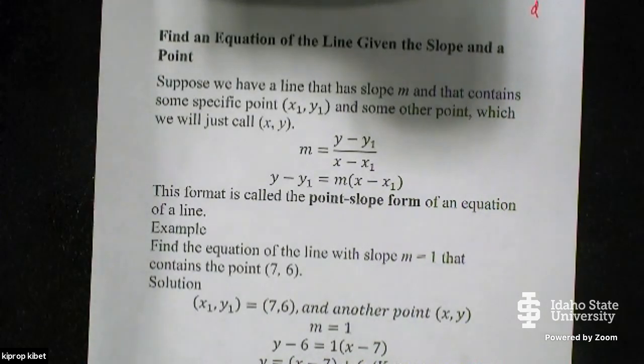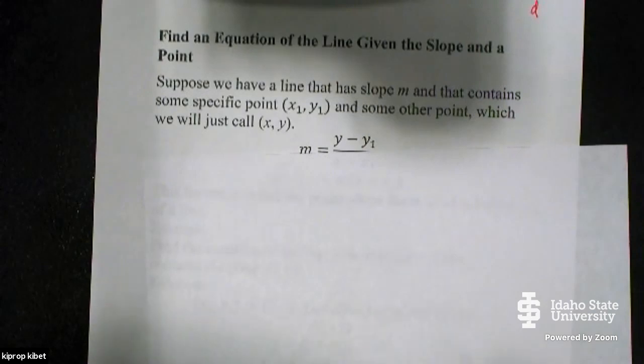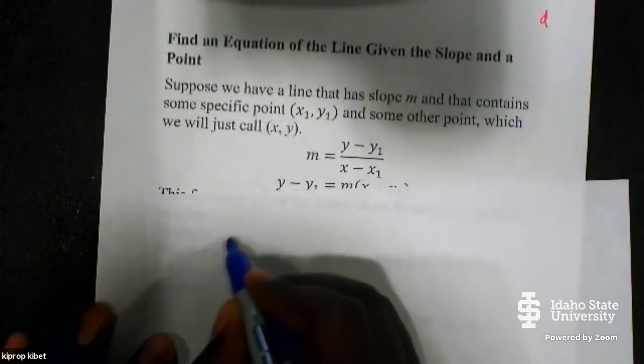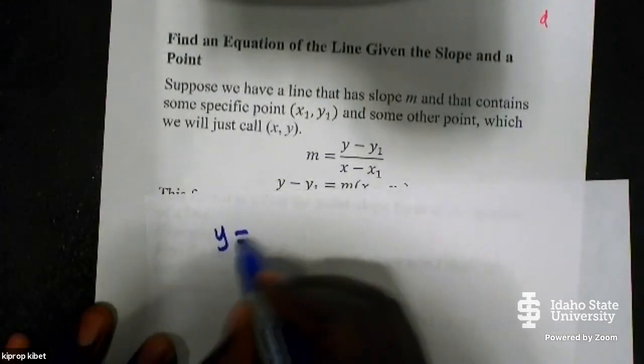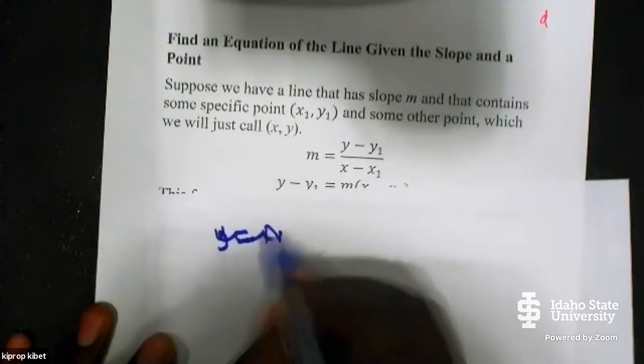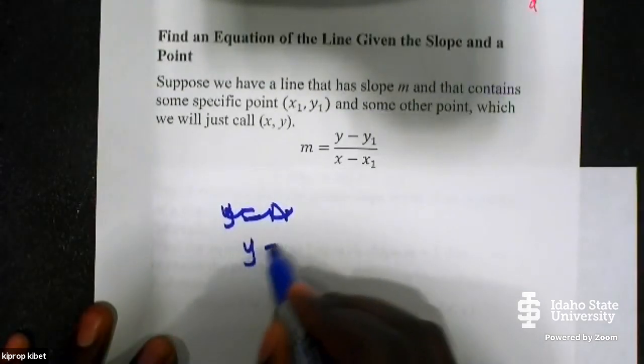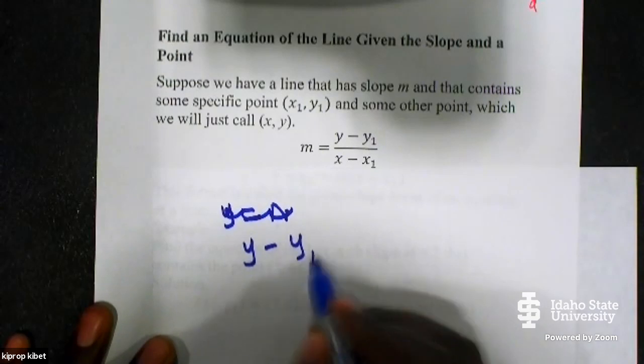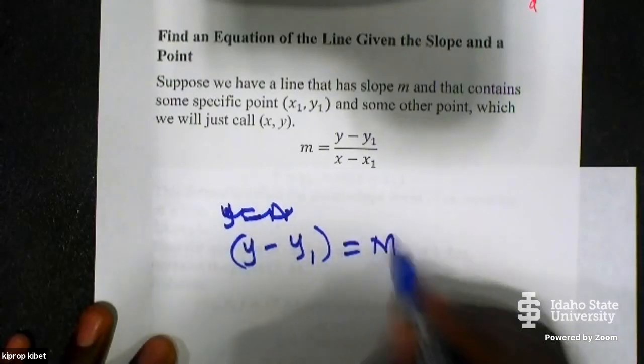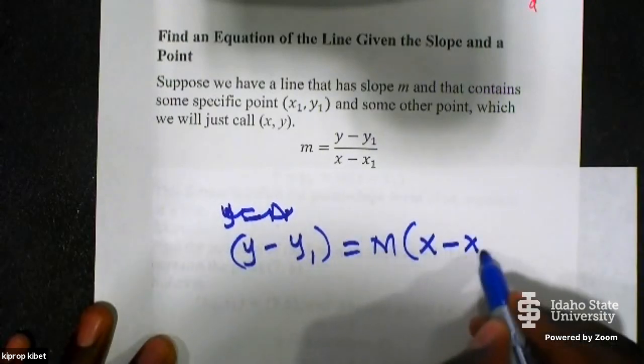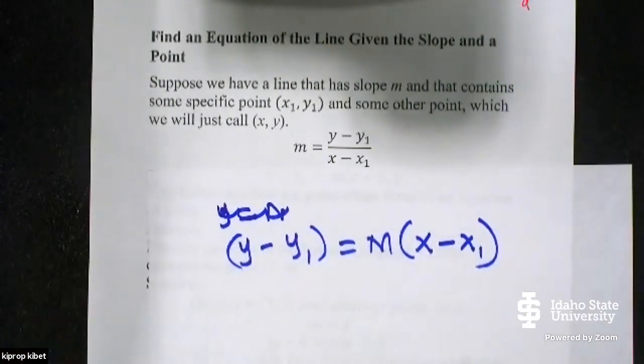I gave you this one in your quiz, where I told you to make x the subject. Some of you are failing. In our quiz, I said y minus y1 equals m times x minus x1, and then I said make x the subject.